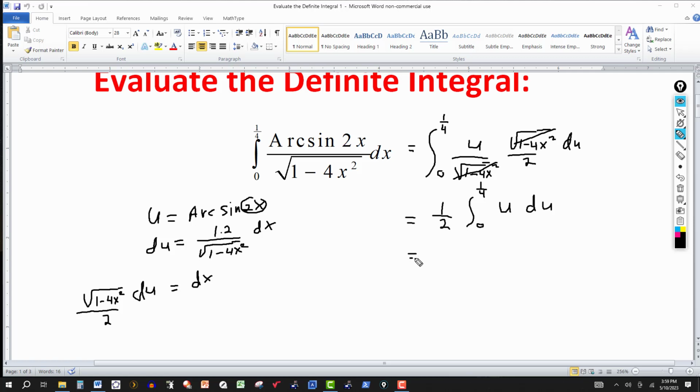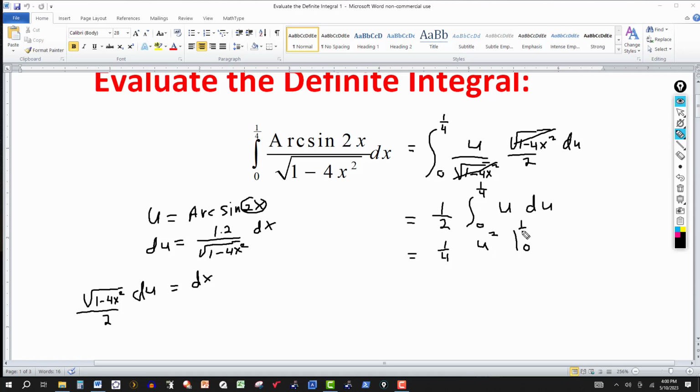Use the general power rule here to integrate, so we add 1 to the exponent, it'll be 2, and divide. That'll give us u squared over 2, and of course I already have the 2 over here. Then we're going to integrate from 0 to 1/4.